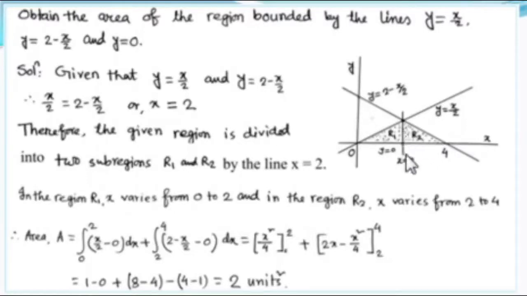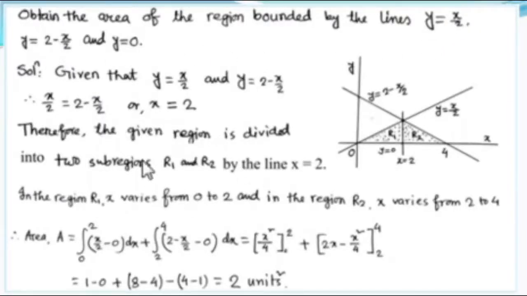So we have to subdivide this region into two parts, R1, R2, দুই ভাগে ভাগ করলাম. In the region R1 x varies from 0 to 2. How do we get x equals 2? We just calculate, that is y equals x by 2 and y equals 2 minus x by 2.